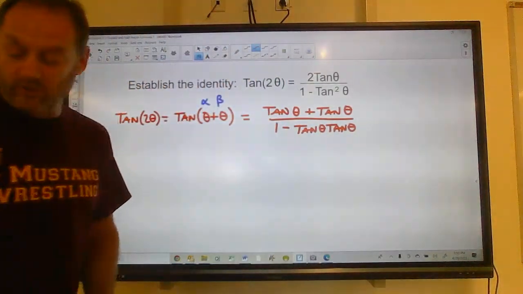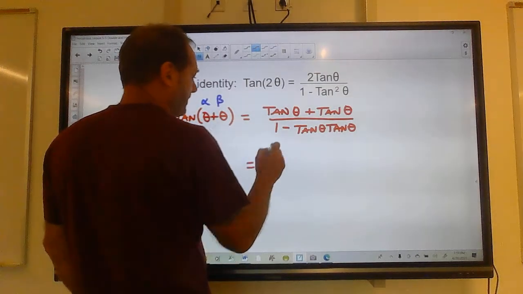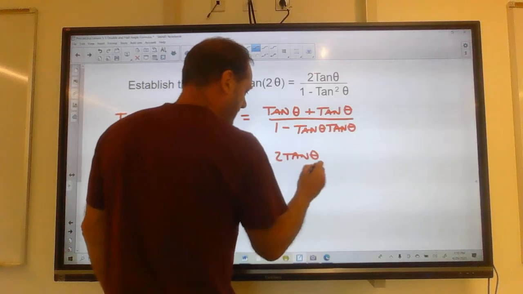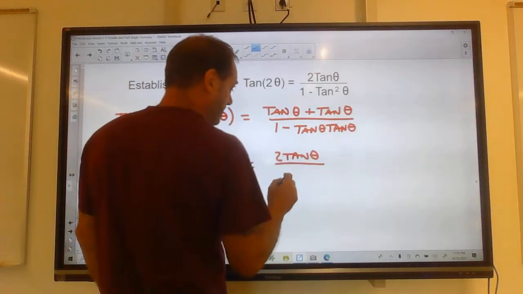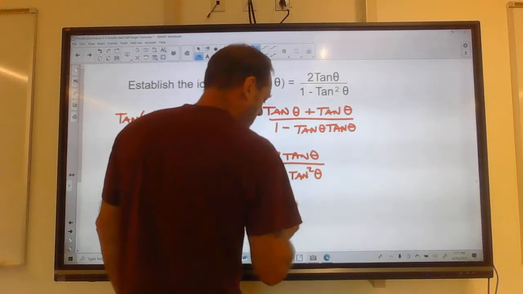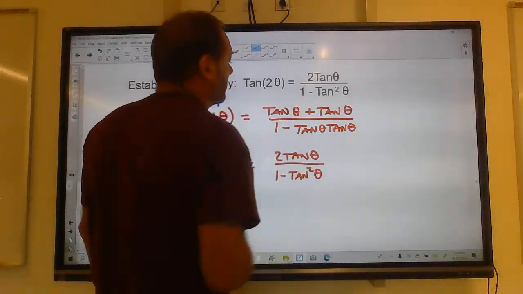And all of a sudden, this is a super easy problem because tangent plus tangent is just 2 tangent. And tangent times tangent is tangent squared, so this is 1 minus tangent squared. So we've proved the double angle formula for tangent.